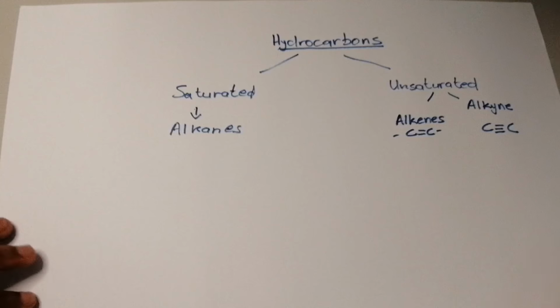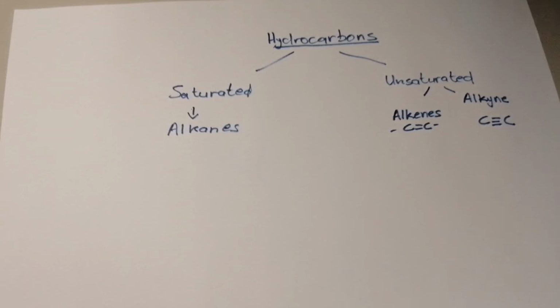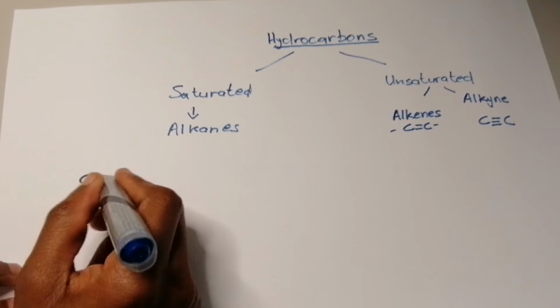So now, the type of reactions that occur on those. Suppose that we've got an alkane and it reacts.